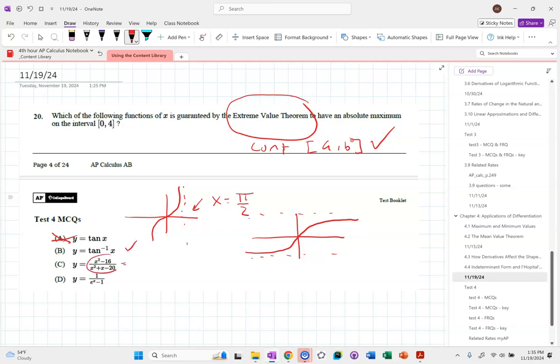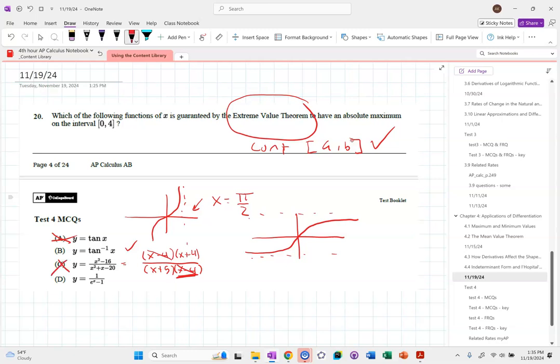Is this guy continuous from 0 to 4? Nope. Even though it crosses off, it's still a discontinuity, right? It's just a hole rather than an asymptote. So that guy's gone.